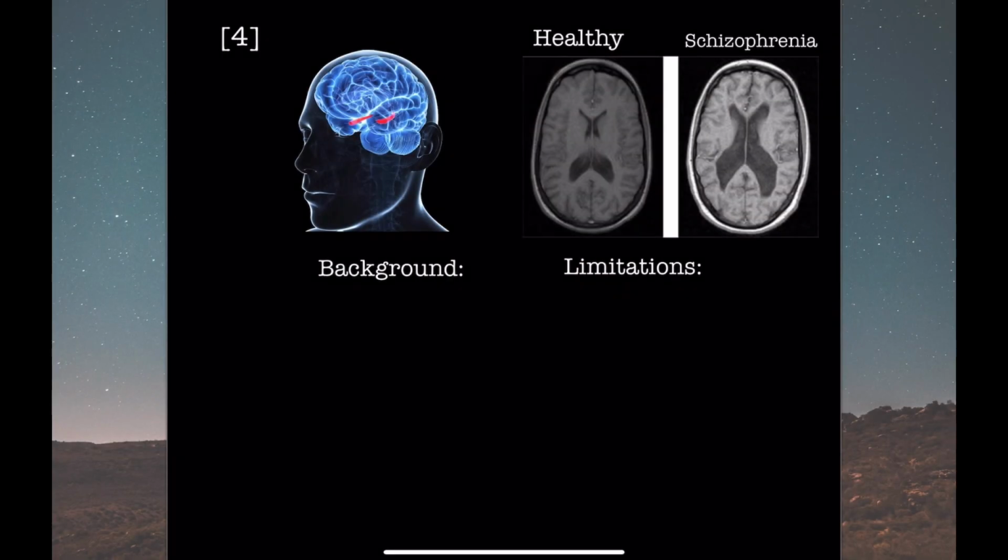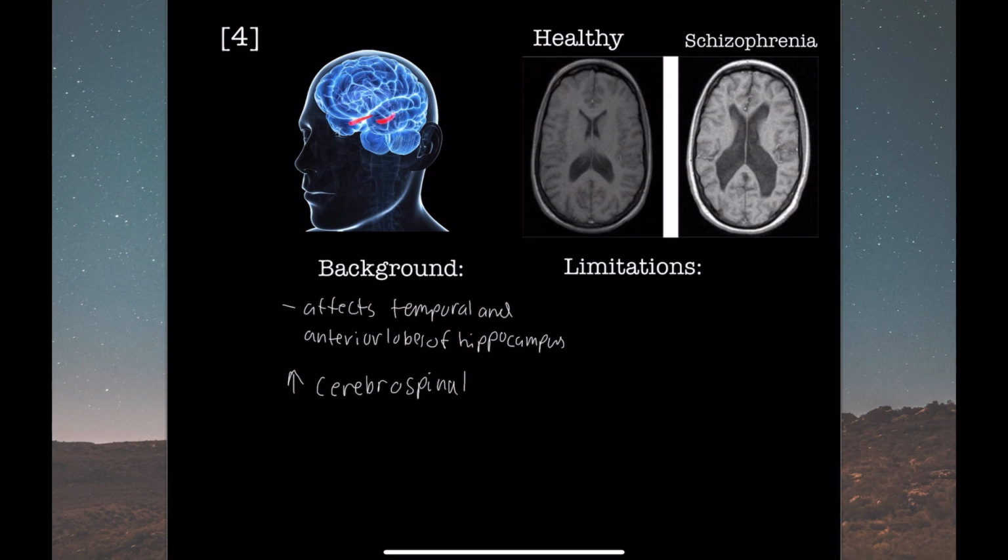So, background is that schizophrenia affects the temporal and anterior lobes of the hippocampus regions of the brain, as shown on the left picture, and increases cerebrospinal fluid, which decreases the volume of white and gray matter, as shown on the right picture. This study ran many MRI scans of brains that had schizophrenia through an AI that had an advanced image signal processing to accurately diagnose schizophrenia.